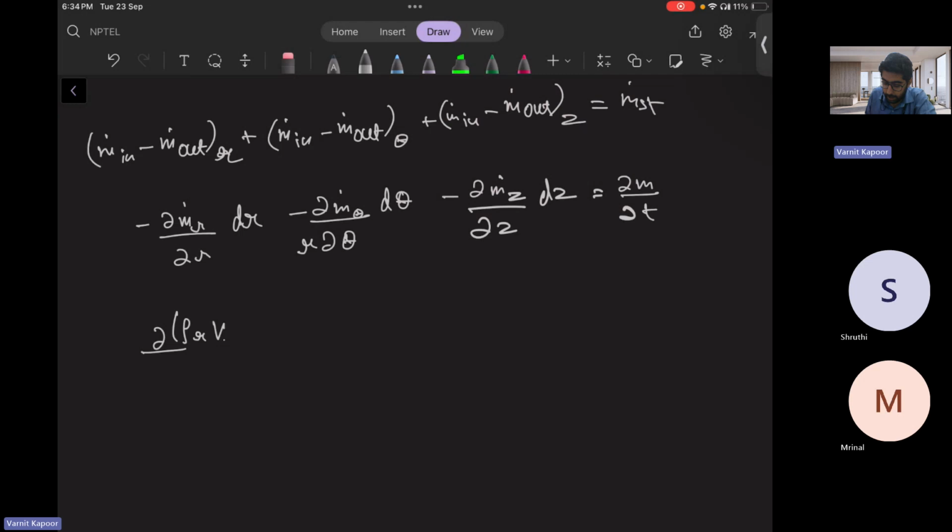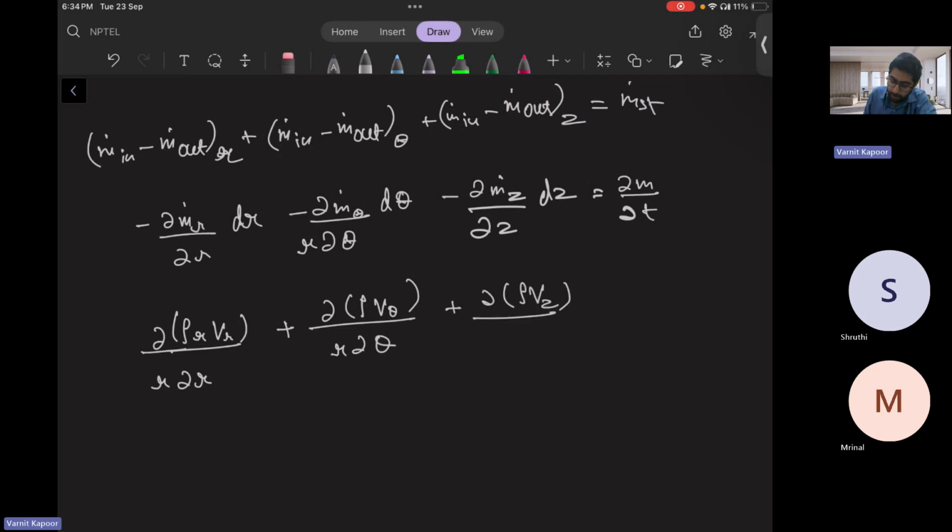Plus dou of rho v theta by r d theta, plus dou of rho vz by dou z, plus dou rho by dou t is equal to 0.